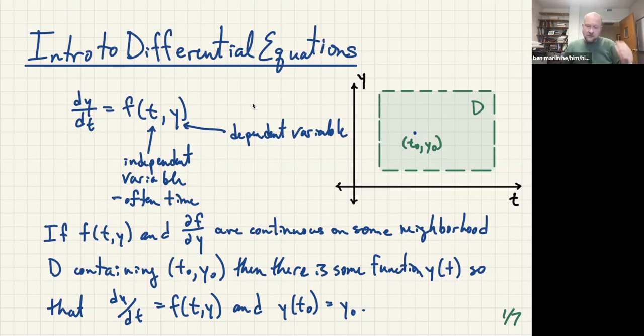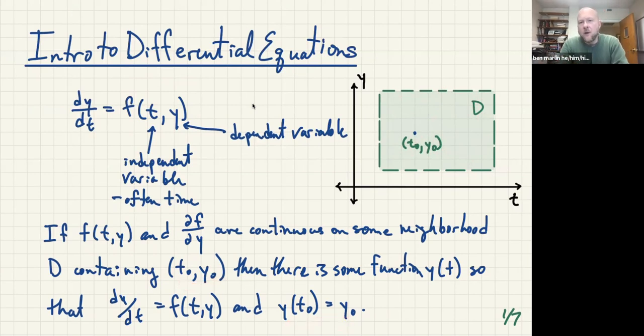So the essential thing that we have to have though is that this function here needs to both be continuous, and its derivative with respect to y needs to be continuous across some sort of region. I've drawn it to be rectangular, but it can be patched together from multiple rectangular regions, even an infinite union of them. And it has to contain a point that we're going to be giving some initial value at.